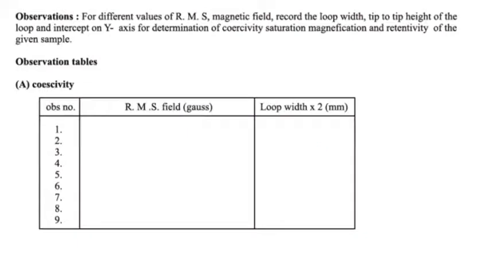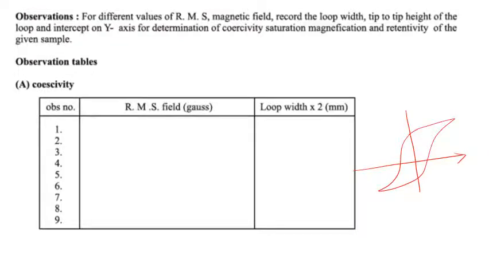So for different values of RMS magnetic field, we have to record the loop width and the tip to tip height, for finding the coercivity and for finding the saturation magnetization. So here first of all we will find the RMS field in Gauss. Let's say we obtain such a magnetic hysteresis loop, something like this.